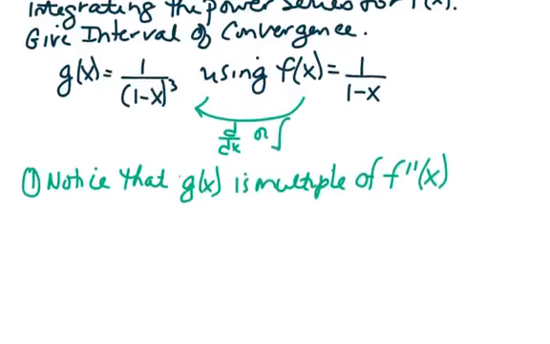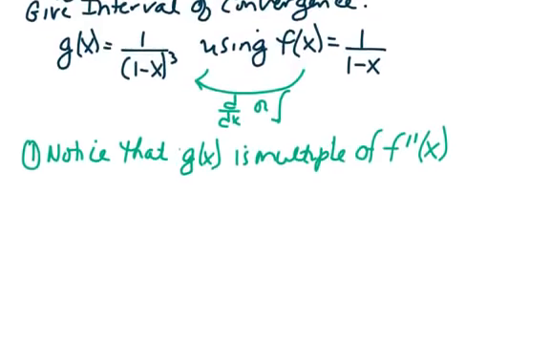So let's look at that. f of x is equal to, I'm going to rewrite it in terms of a negative exponent. That's f of x. So let's take the first derivative of x.